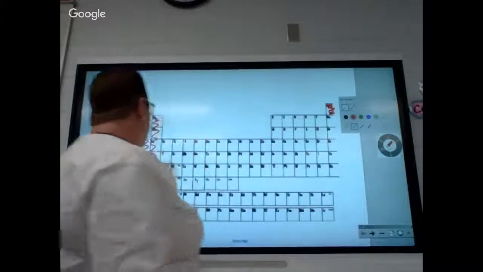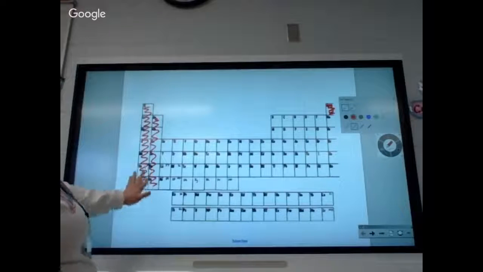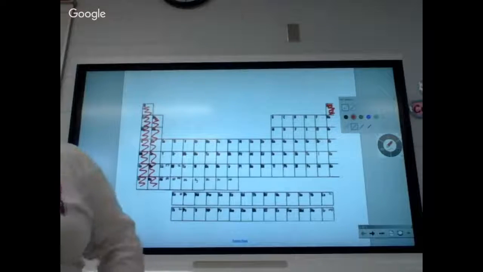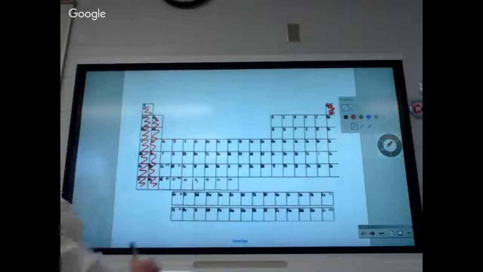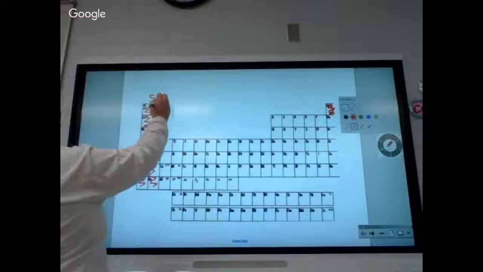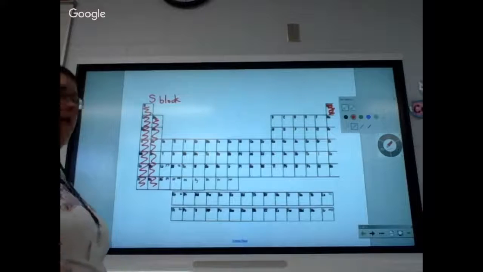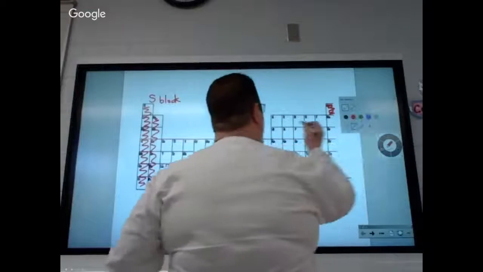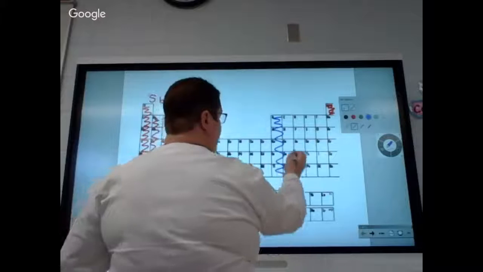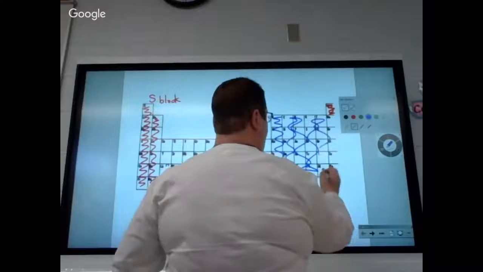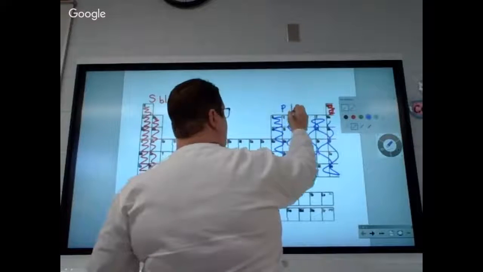Helium needs to be the same color as these 2 columns. They do not have to be the same 4 colors that I pick. This is the S block. Doesn't even have to be written that close together because we're going to come back and put numbers in it in a minute. The P block is over here. Okay? This will be the P block.